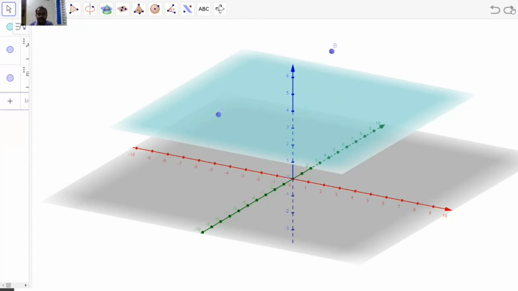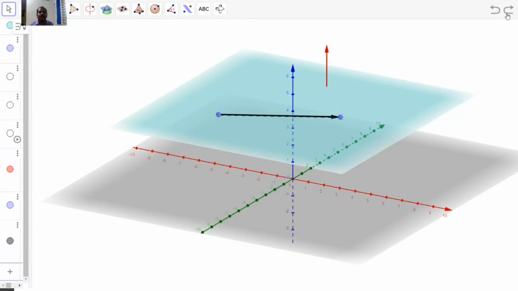Now we construct a vector perpendicular to the plane, with a point A here, and we also consider another point B. For convenience, we make it red, and you consider the vector lying on the plane.